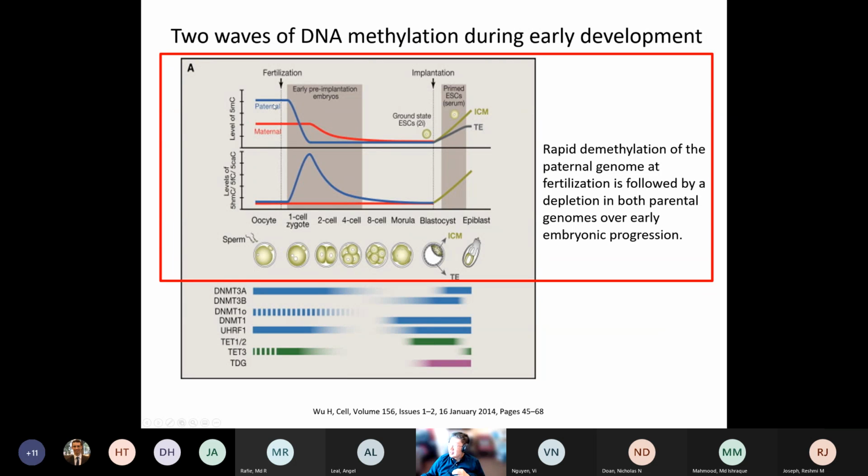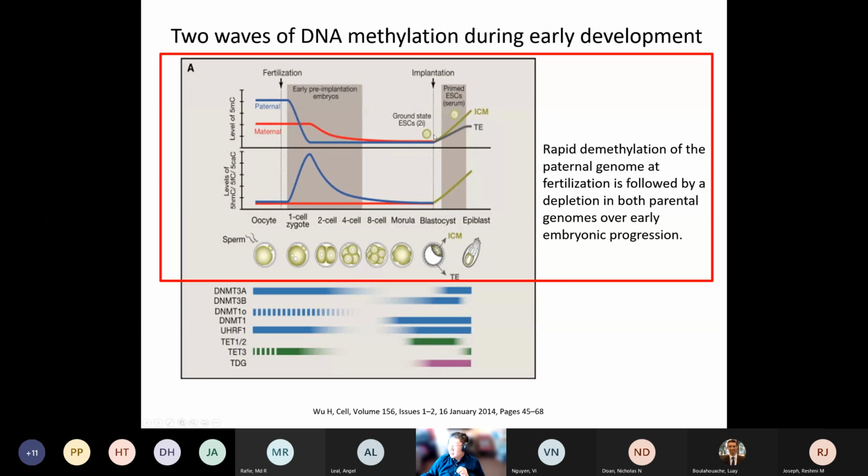I'm sorry about that. But if I explain this again, in the sperm, the methylation level is higher. In the oocyte, the methylation level is lower to start with. But after fertilization, the sperm DNA will get quickly demethylated, while the oocyte DNA is slower in demethylation, but in the inner cell mass, you find the lowest DNA methylation level.